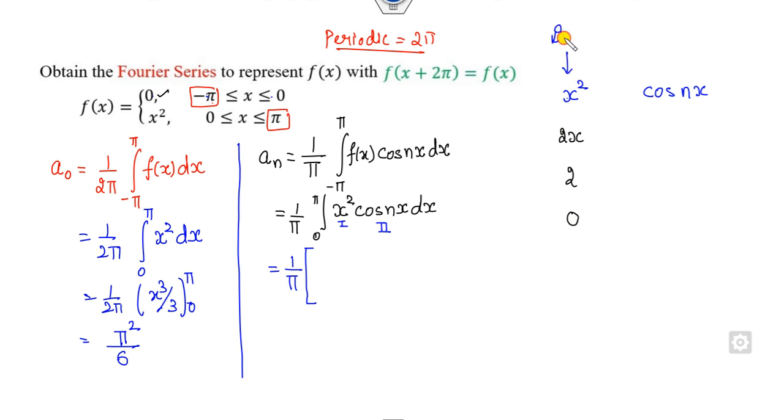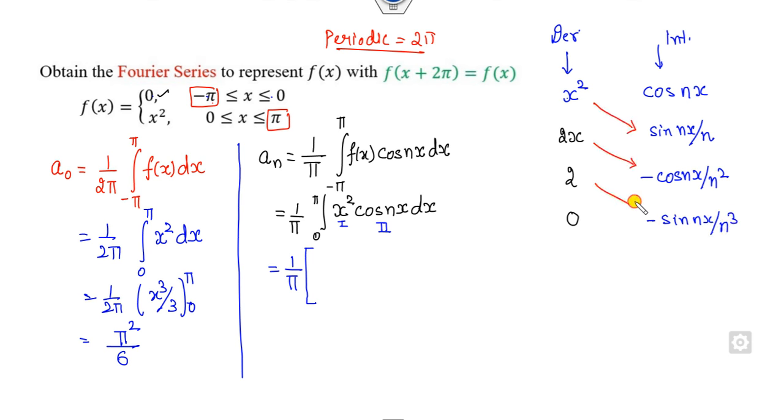You have to find the derivative of this and the integration of this. What is the integration of this? It is sine nx over n, minus cos nx over n square, and minus sine nx over n cube. Then you can simply cross multiply it with the signs plus, minus, plus.